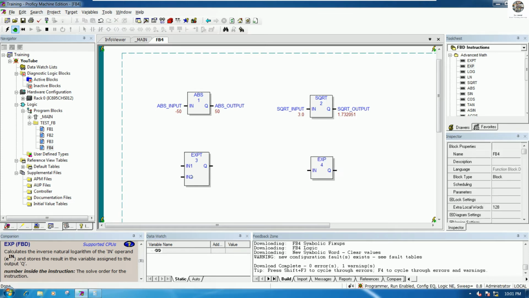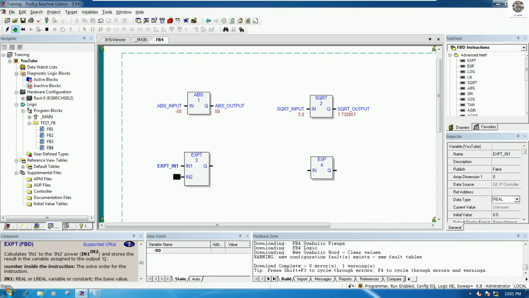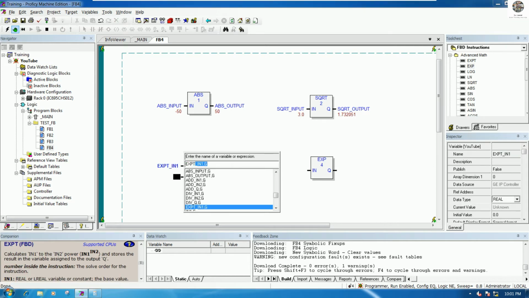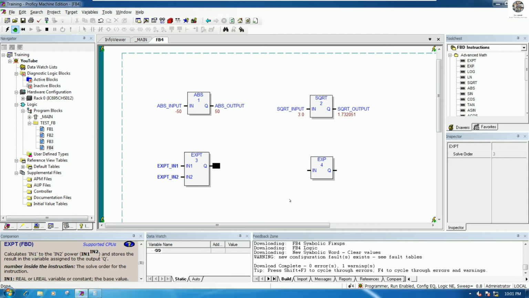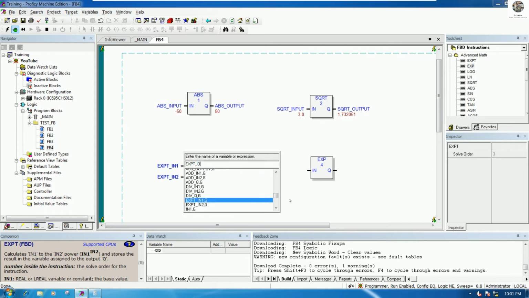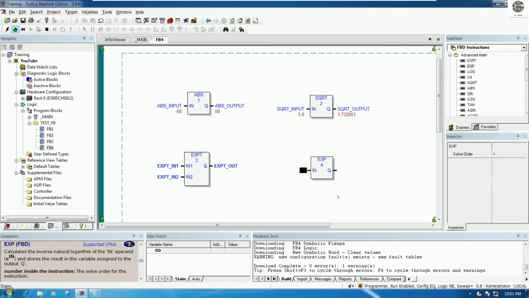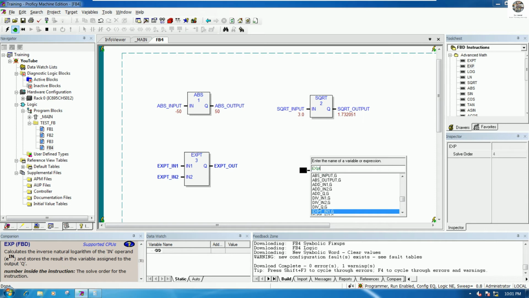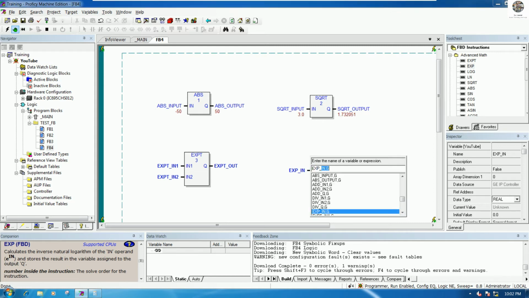Okay, so for this example: EXPT in 1, EXPT in 2, and output EXPT output. And one more, EXP input, and this one EXP output.